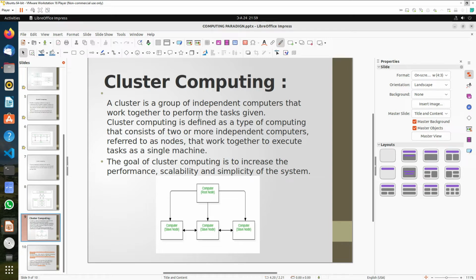And the reason this is done is just to improve performance and scalability. For instance, you have two computers and you're processing a lot of data, and it gets to a point where the data you're processing is too much, so the computer starts running slow. What cluster computing will do is you look for the same type of computers or system units you are using and add them to the cluster.